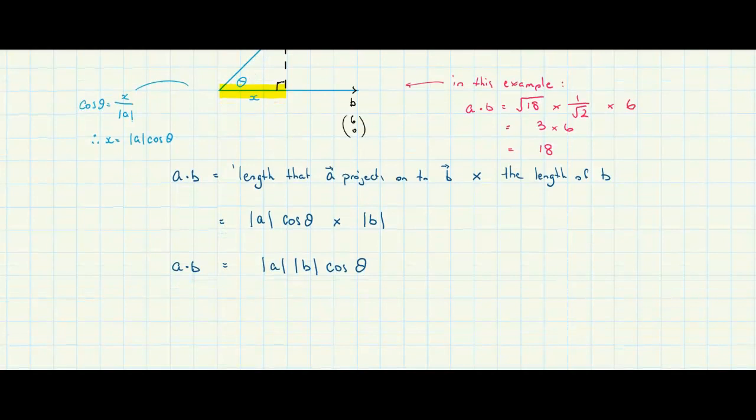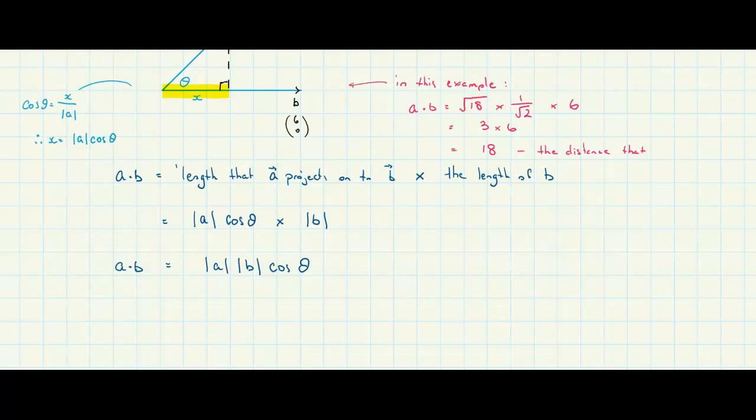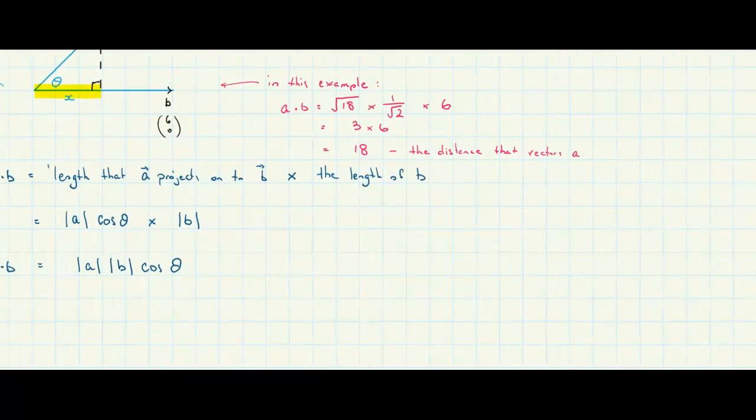So we can think of this value of 18 as being the distance that vectors A and B move in the same direction.